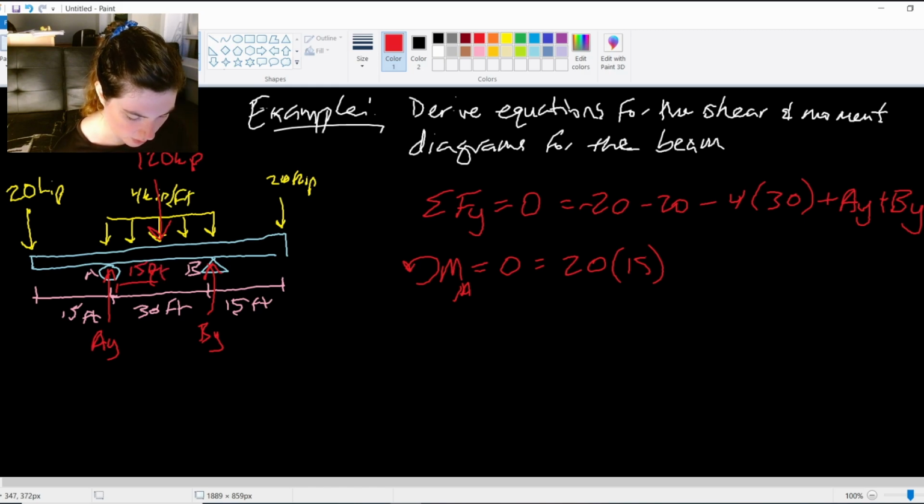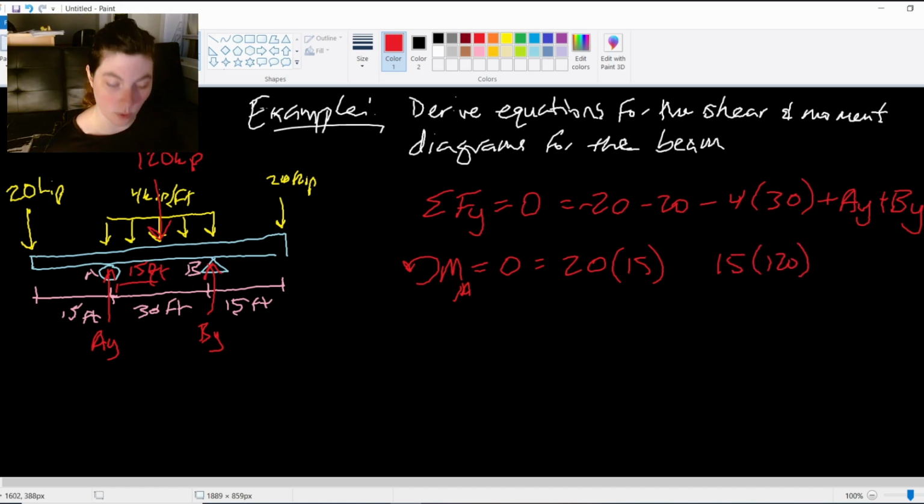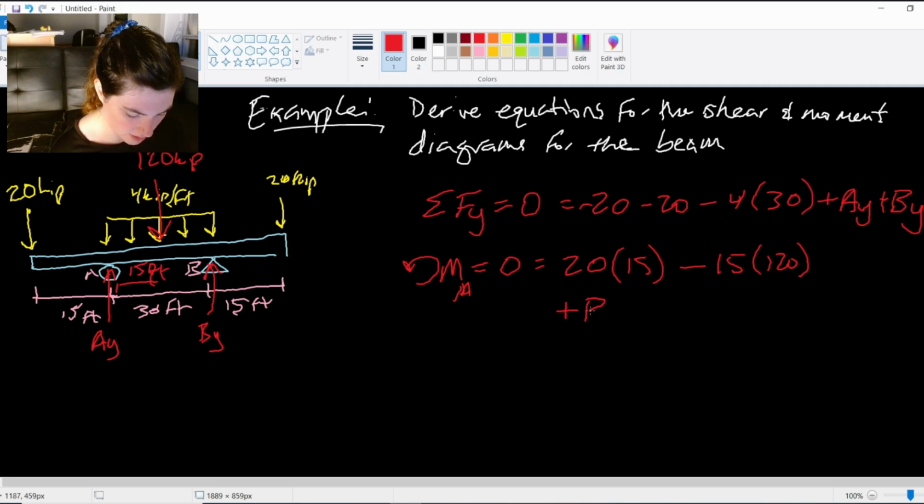So my distance from A would be that 15 times the 120, and it is causing a clockwise motion, so that will be negative. And then, of course, my BY. So now I plus BY for counterclockwise motion around A times its distance away is 30. And finally, that 20 kips is a minus 20, right, for clockwise direction times its distance away from the A is 45.